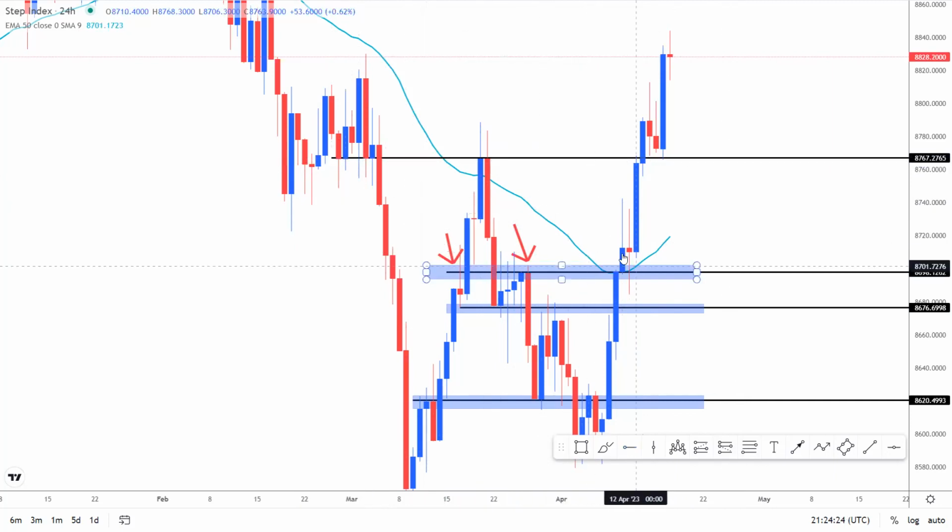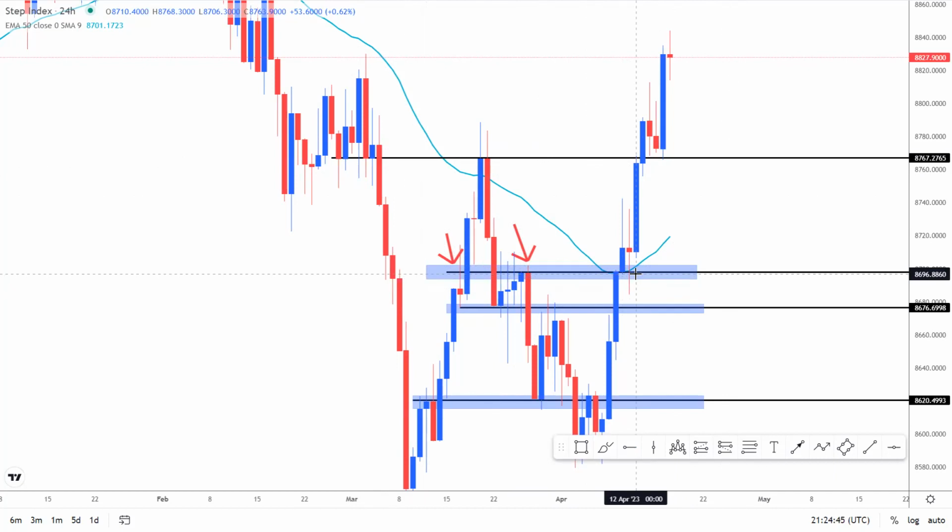And as you can see, as soon as we had this daily candlestick closing above this level, we had a nice retest of the level where you would have gotten your nice buy entry confirmations if you had moved down a time frame lower.